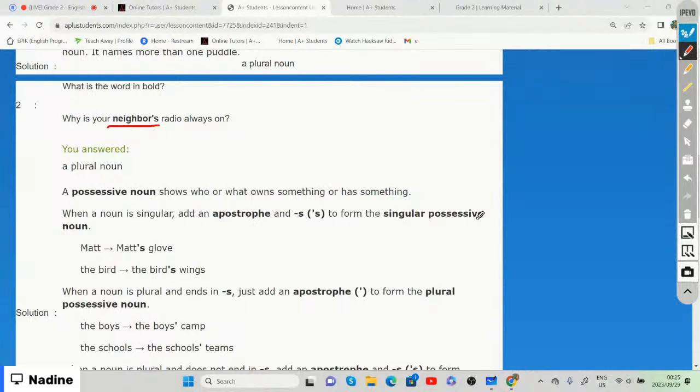And there we have apostrophe and S. So this is a singular possessive noun.